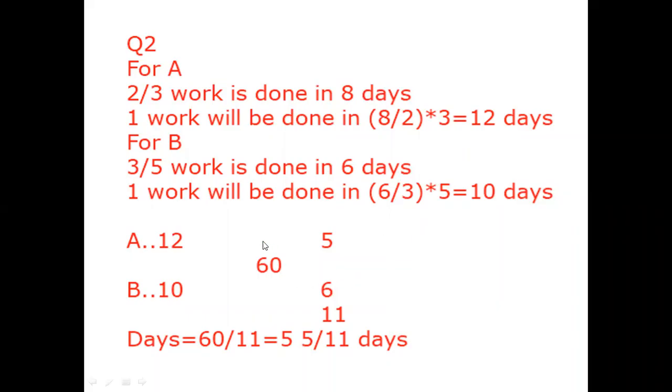Here W is the total work, 60, and this is your total efficiency, E. So D equals W upon E, and you can solve it and get the answer.